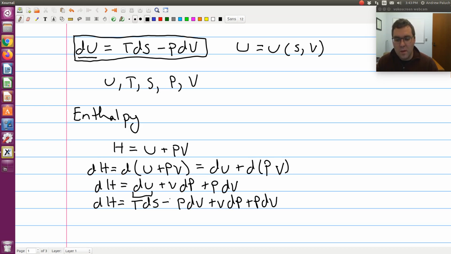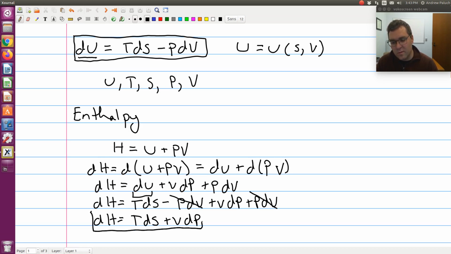So negative PdV cancels with a positive PdV, and I'm left with dH equal to TdS plus VdP. So my differential for enthalpy is equal to TdS plus VdP.